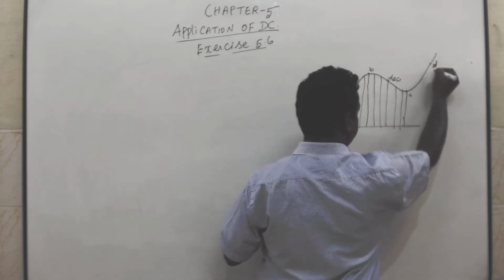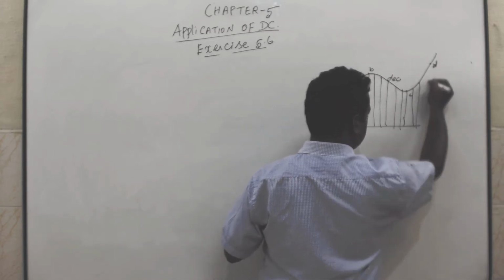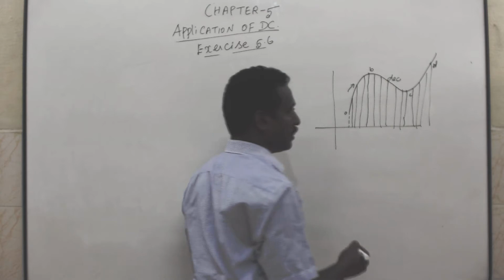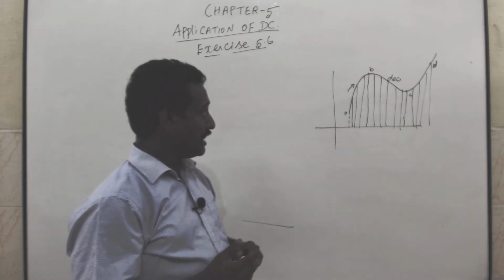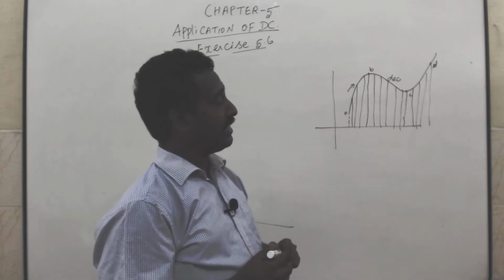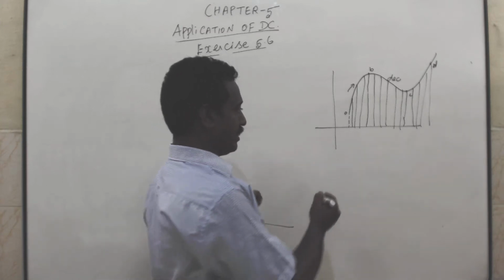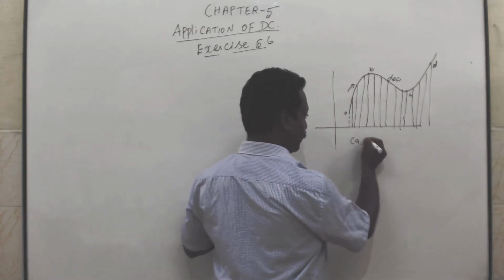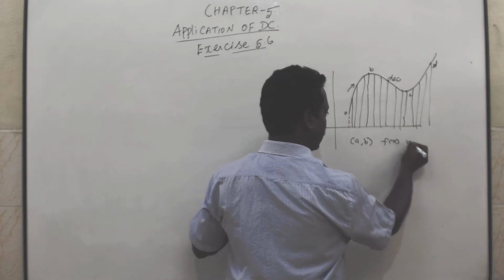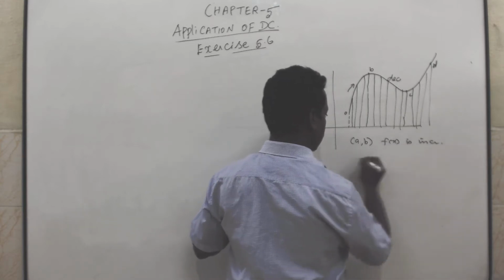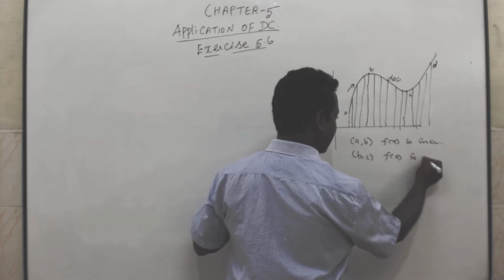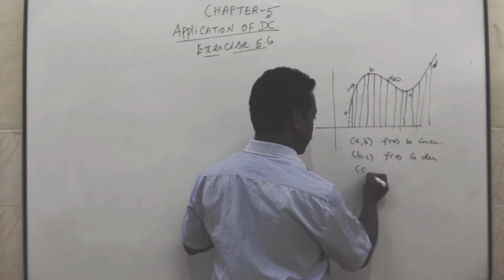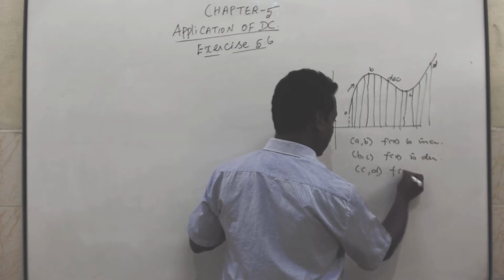Once again from c to d it is increasing. So a to b is an increasing function, b to c a decreasing function, c to d an increasing function.